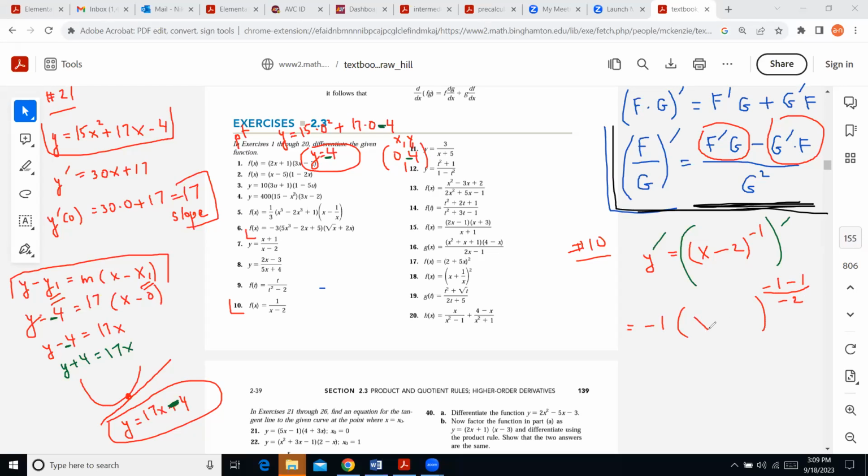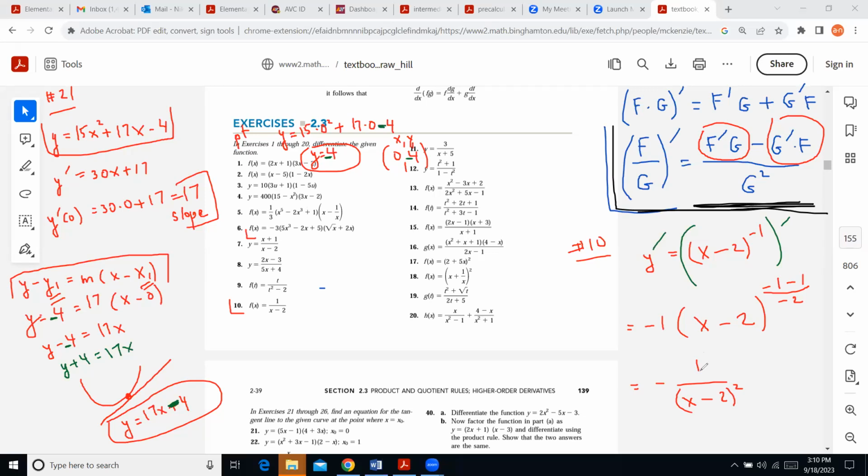So my parentheses will look like same x -2, but now power is negative. And I can write this as x -2 squared in denominator, right? Because -1 is -2, but I bring it down, so it's positive. And minus sign will give the whole thing negative as a result.